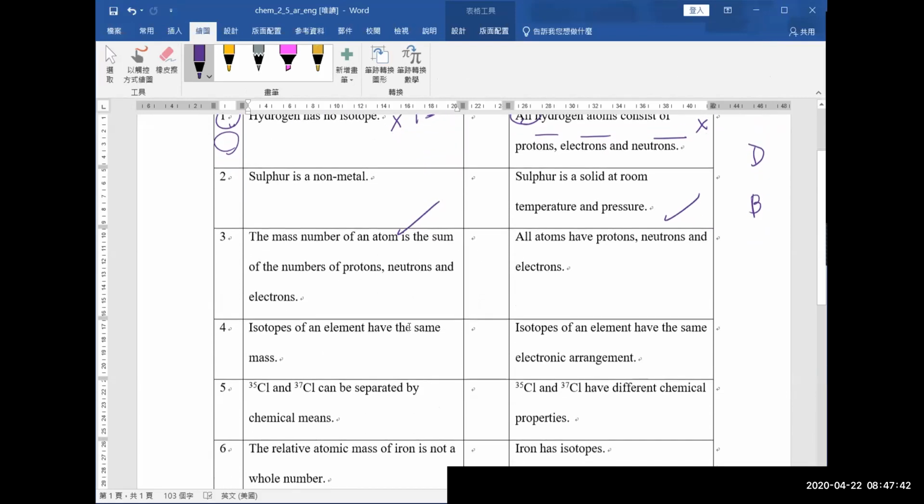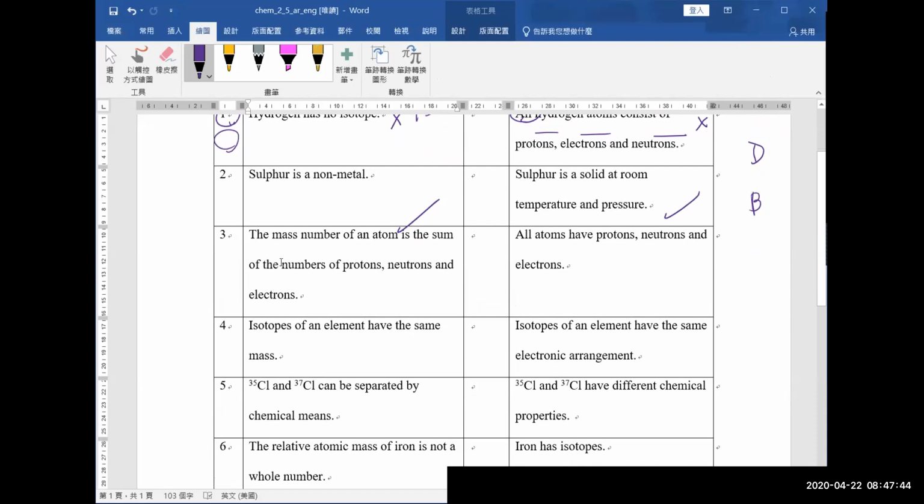How about number 3? The mass number of an atom is the sum of the number of protons, neutrons, and electrons. All atoms have protons, neutrons, and electrons. Your turn.